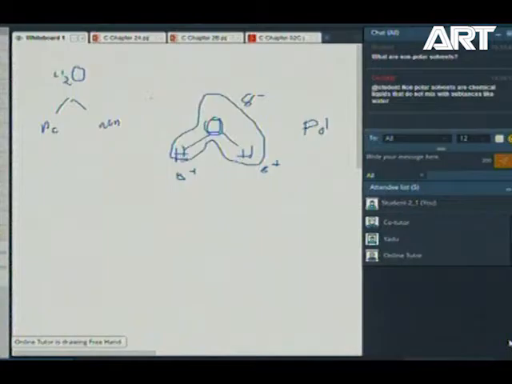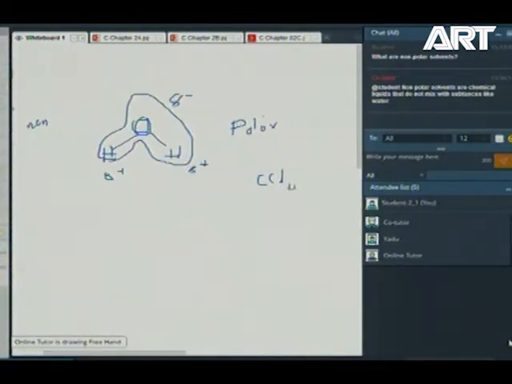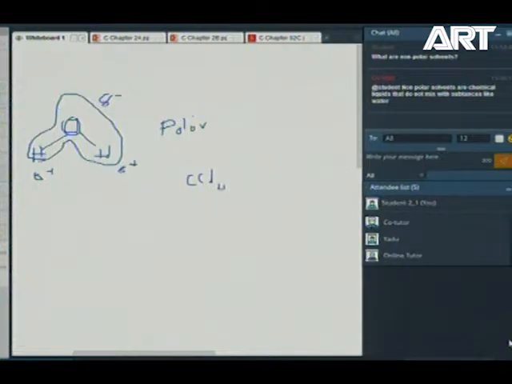So, since this is polar, as we discussed earlier, compounds that have covalent bonds do not dissolve in water. For example, if you take CCl4, which has covalent bonds between its atoms, it is insoluble in water.